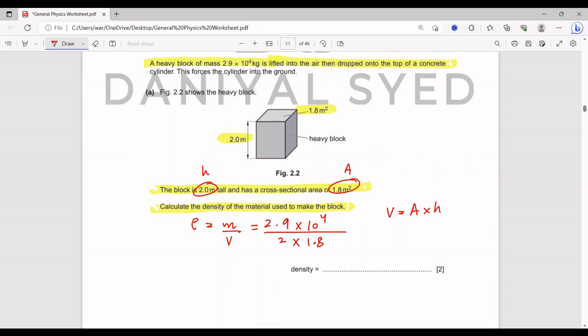The answer is 8055.6 kg per cubic meter. So you should write down 8056 kilograms per cubic meter.